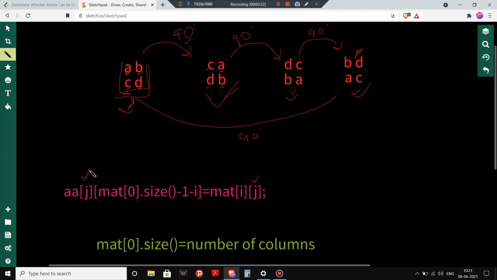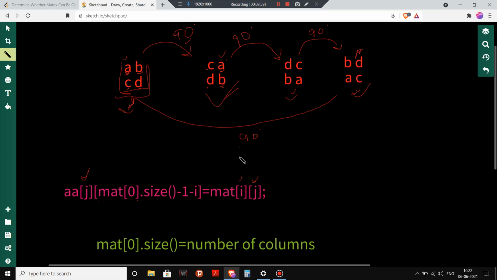And what about the row number of the element in the initial matrix? Let's see here for A. We are having the row number of A as 0, and the column number of A as 1. So what does this imply?